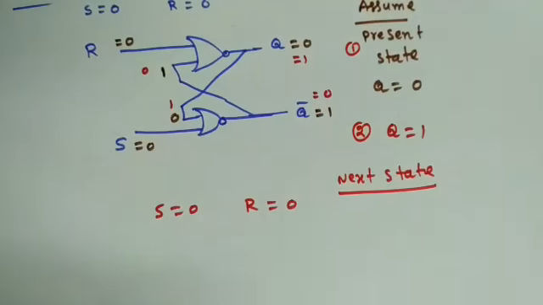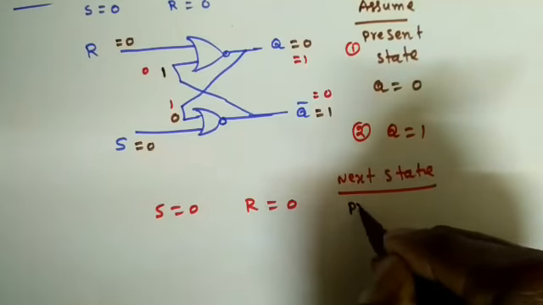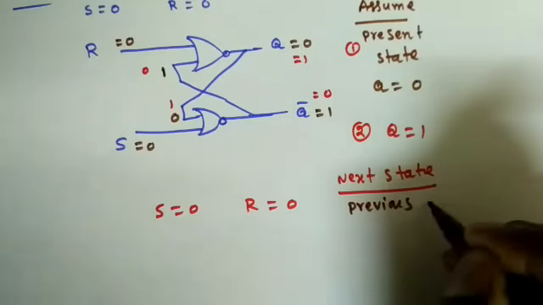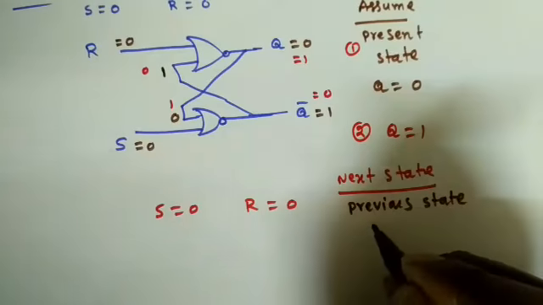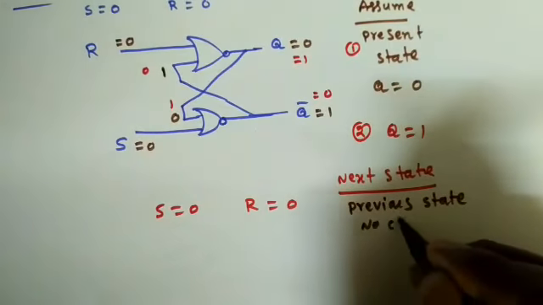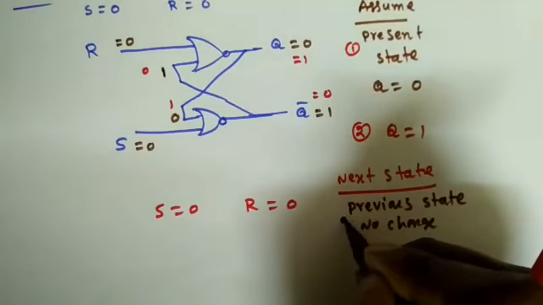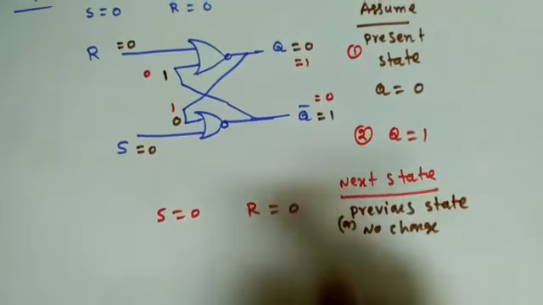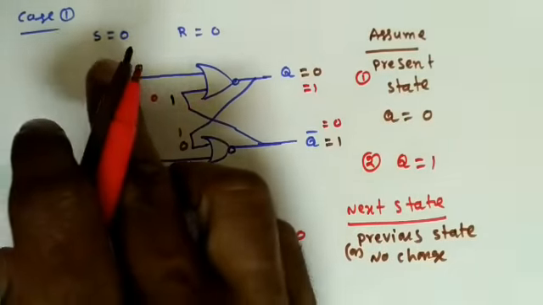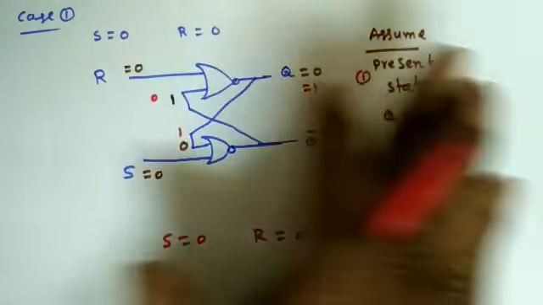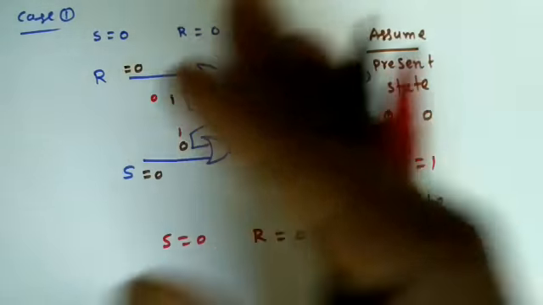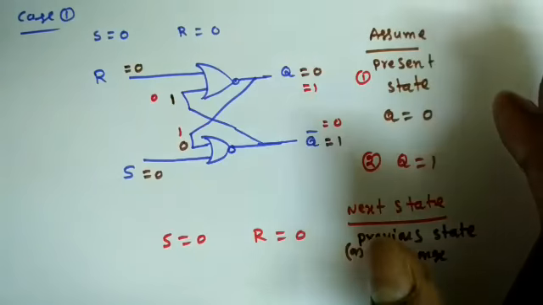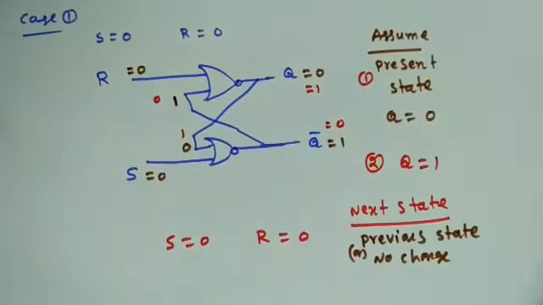So I can comment like this: it is simply the previous state, or we can say no change. No change means whatever the previous state is just follows. So that is the first case, when S is equal to 0, R is equal to 0, there is no change in the state. Whatever the state available, that will stay as it is.